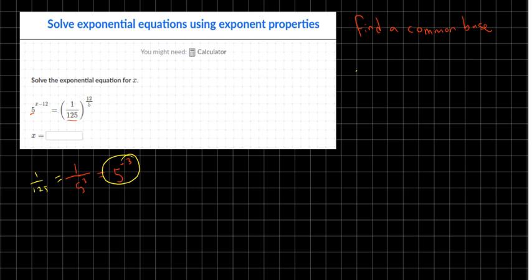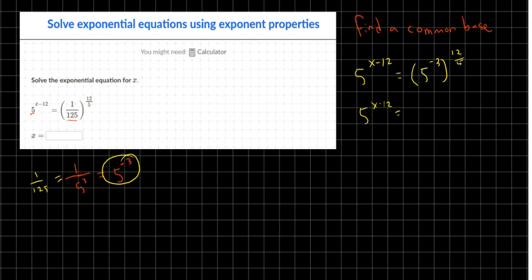So let's start there. 5 to the x minus 12 is equal to 5 to the negative third power to the 12/5 power. Okay, so let's simplify it a little bit. Let's use power of a power and distribute here.